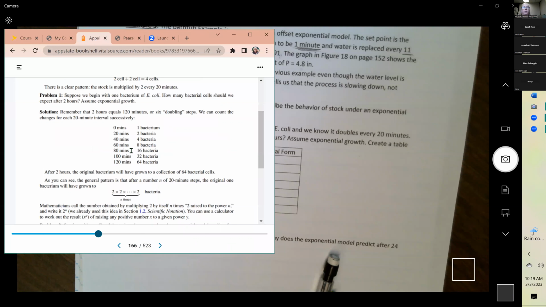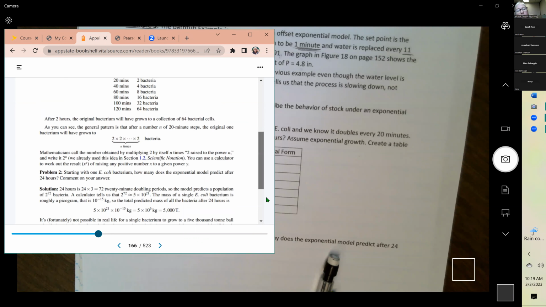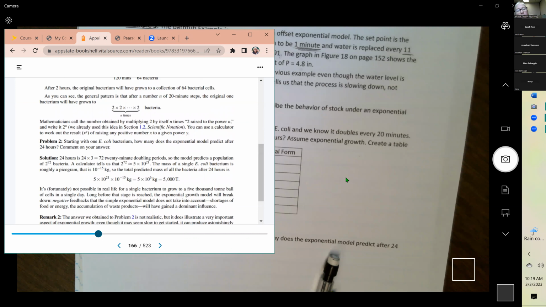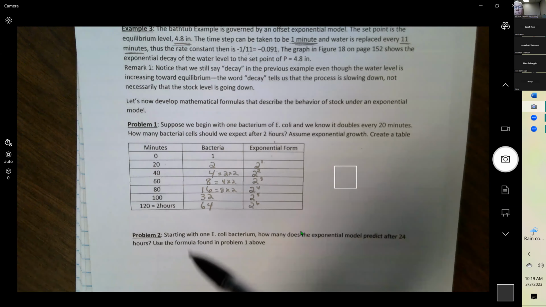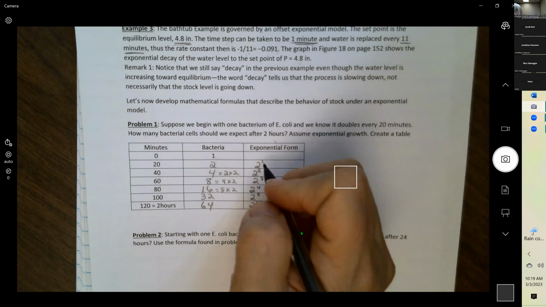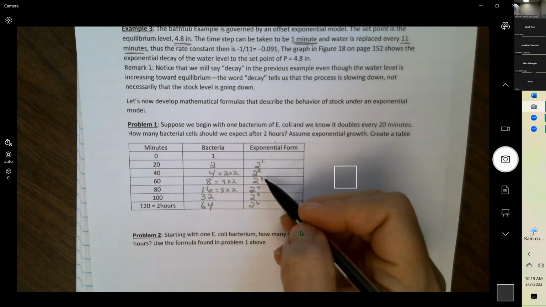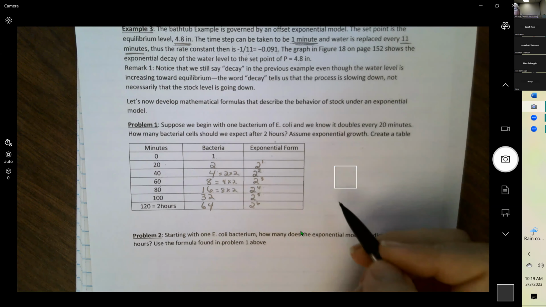And they're showing you how it's doubling. And then in words, they try and explain the equation, but I think it's easier to look at it through a chart. This first one, notice we're going 1, 2, 3, 4, 5, 6.